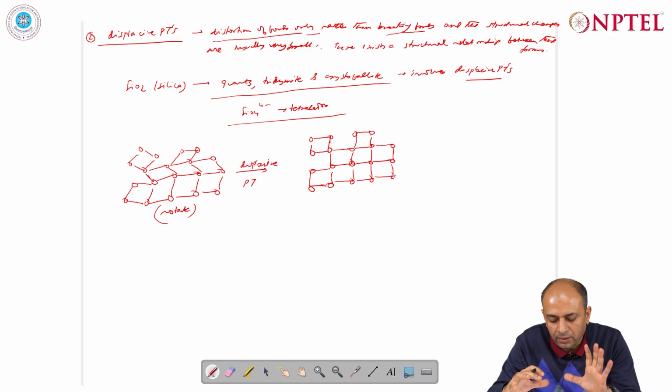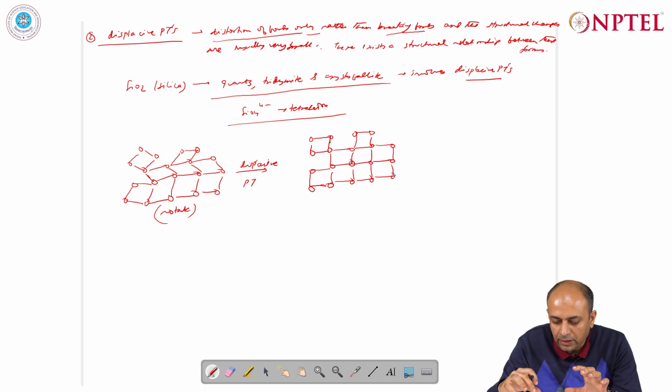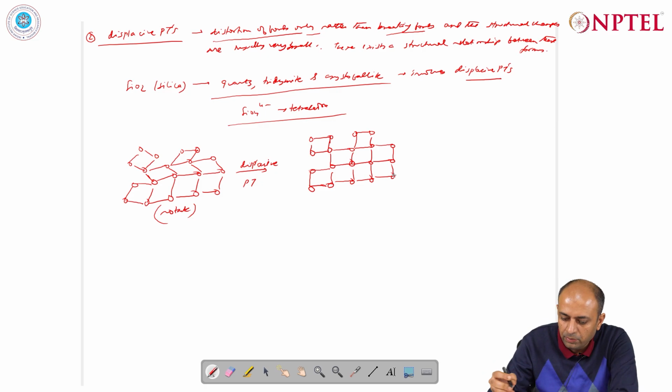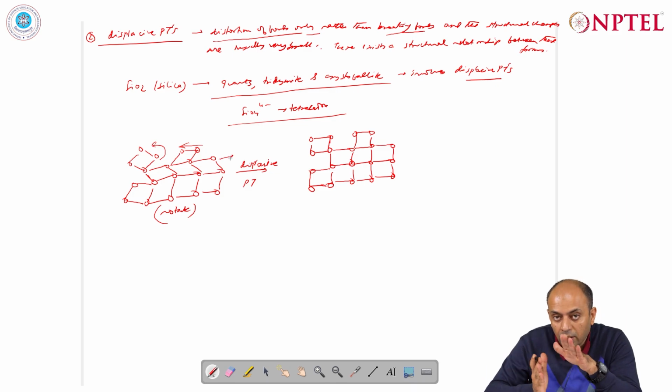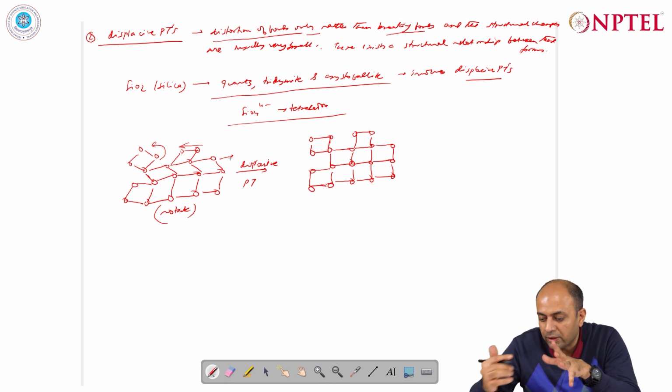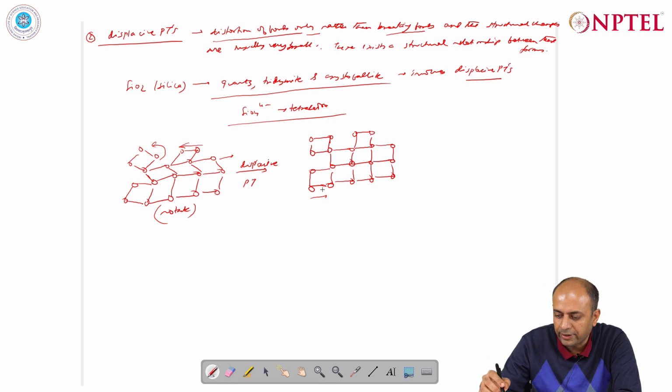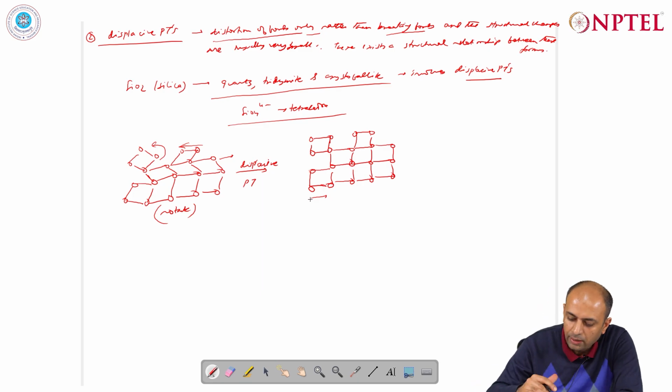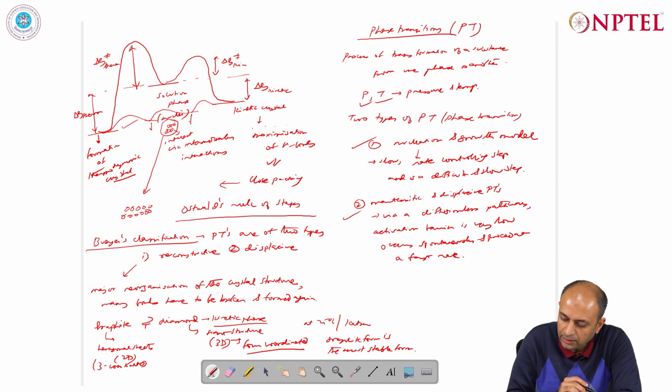So all you need to do is just buckle the layers a little bit and distort some of these layers, including rotating some bonds. You can rotate it along this direction, you can shear it along this direction, and these displacive modes will result in a new, rearranged structure which is different from the starting phase, and these are referred to as displacive phase transitions. So this constitutes Berger's classification of phase transitions and the fact that these are of two types.